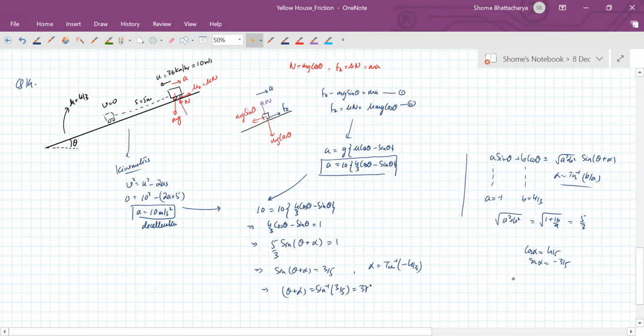Okay. So alpha is in the second quadrant. No?